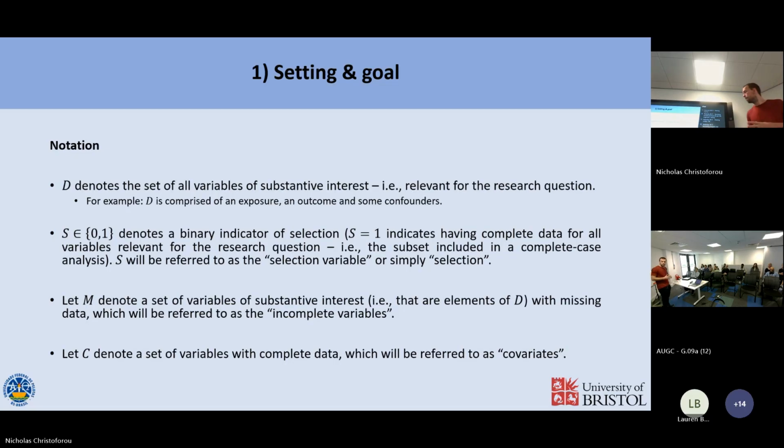In this presentation, I'm not going to discuss how to go about selecting C. My starting point is that you already selected the set of complete variables you want to use to deal with selection bias, using whatever criteria you want. I'm not concerned about that in this presentation.